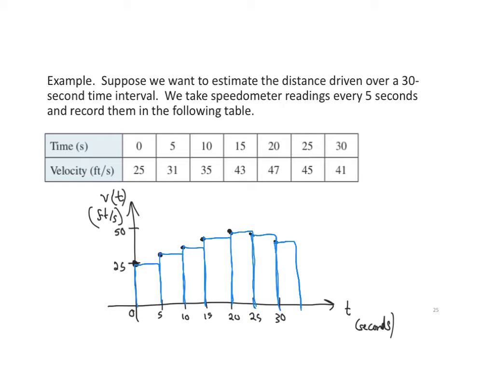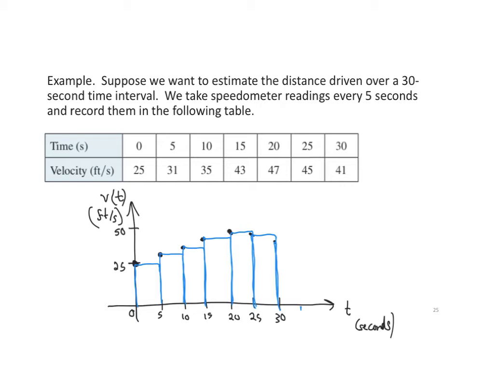Well, let's see. We have 7 pieces of information, which really should only give us 6 rectangles. So I should erase this last one. Let's calculate the areas of these rectangles and add them up.